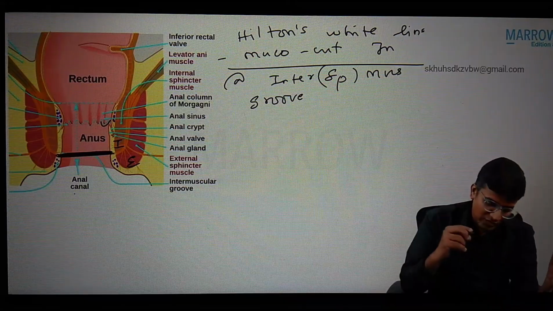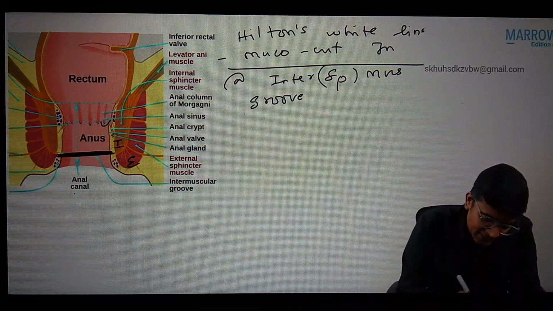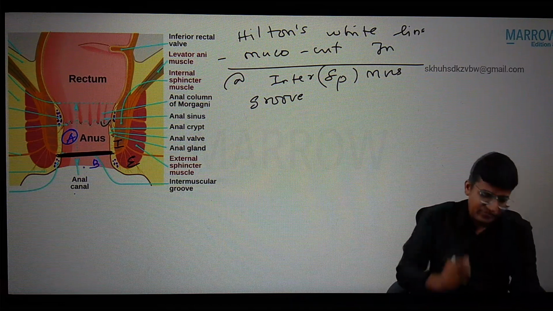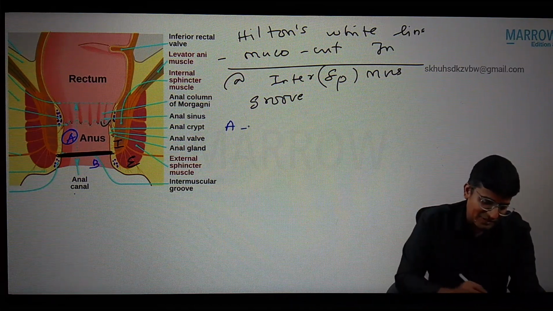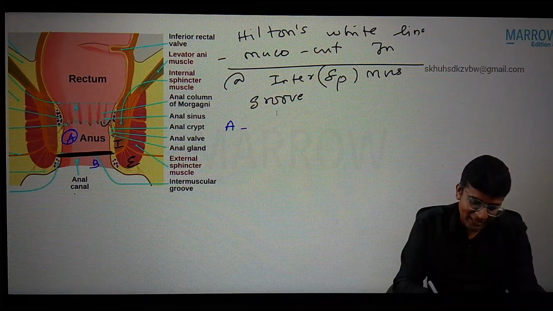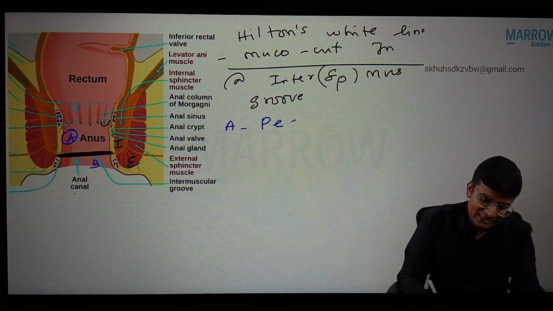In the lower part, we have two areas: this is A and this is B. A is present between the pectinate line and Hilton's white line, and is called the pecten area.